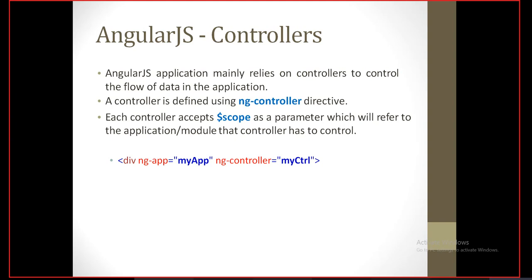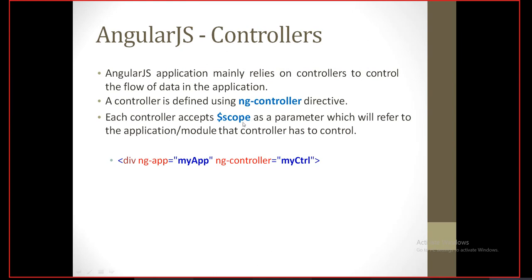Okay, now if we have to define a controller for any application, we will use the ng-controller directive. Okay, and for every controller, we'll see an example. Whenever we define the controller, we will have to define a function. And for that function, the only parameter I should say will be $scope.